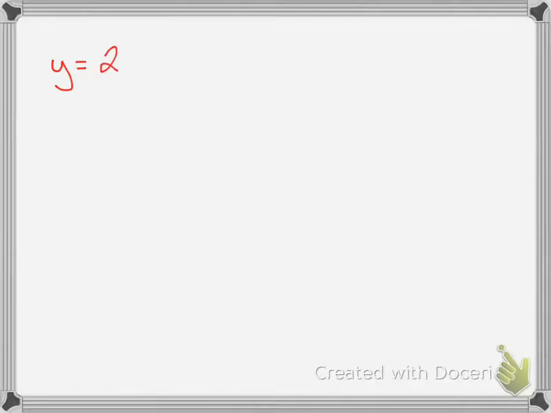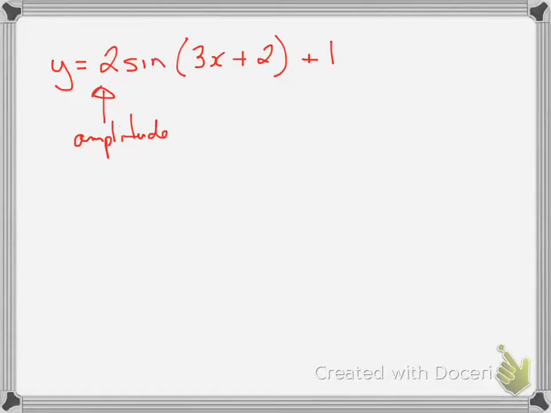y equals 2 sine(3x plus 2) plus 1. Straight away, you know that's the amplitude, so it'll go from -2 to 2.